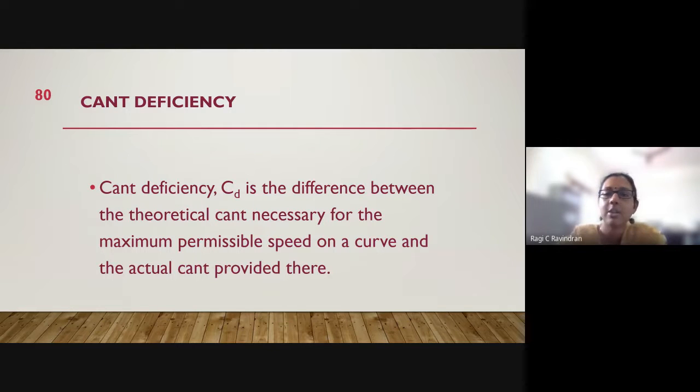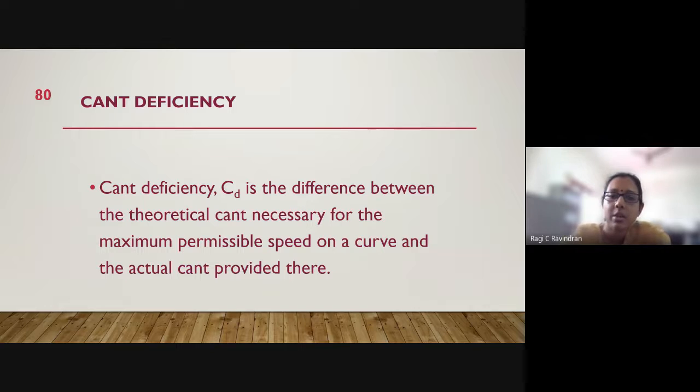There will be a slight difference between the theoretical CANT and the actual CANT. This difference is known as CANT deficiency. That much CANT value is deficient. CANT deficiency is always expressed by CD.